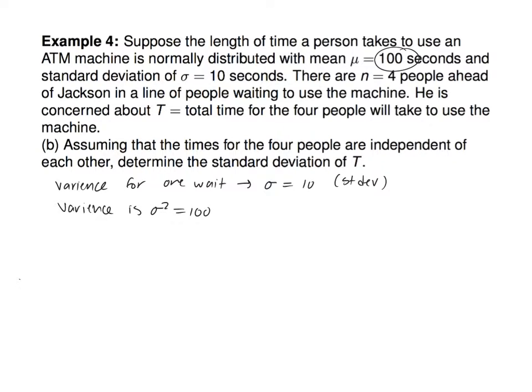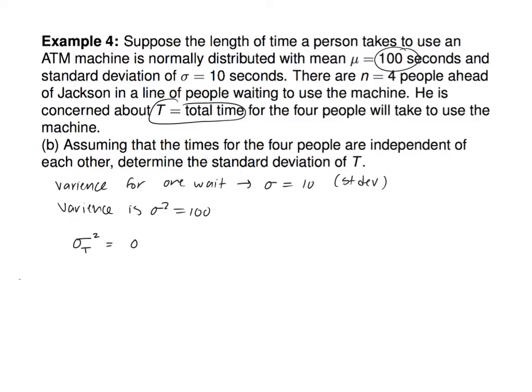I shouldn't introduce problems that have coincidences because it makes you think there are patterns that are not present. So I'm going to call the next thing sigma sub t squared. What is my little subscript of t standing for? Time, the total time, as opposed to just for one wait.